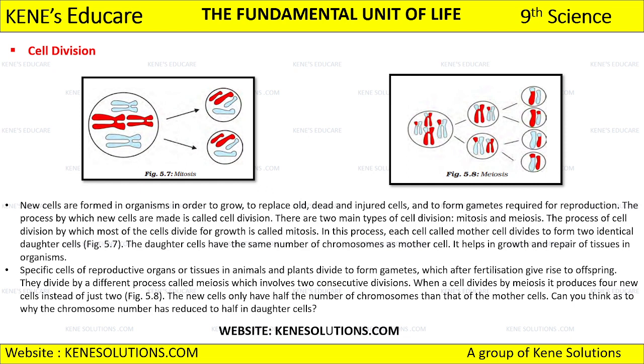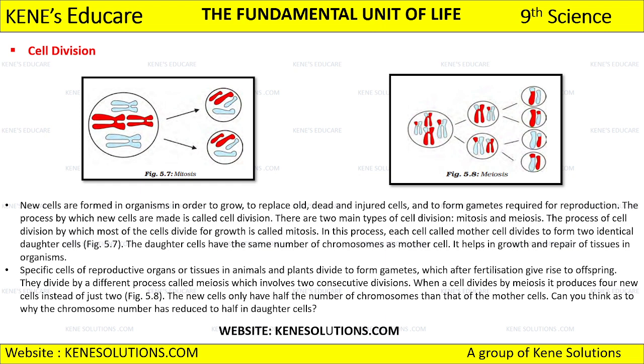And in meiosis we have two consecutive divisions which happen. In mitosis we have only one division, whereas in meiosis there are two consecutive divisions. So when a cell divides by meiosis, it produces four cells instead of just two, because in mitosis only two daughter cells are formed, but in meiosis four daughter cells are formed.